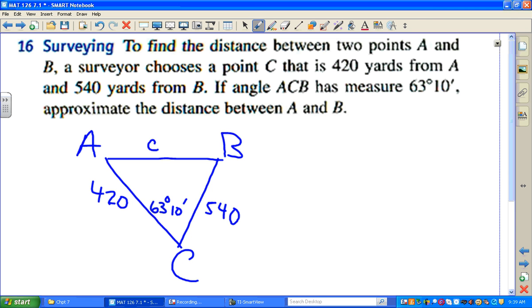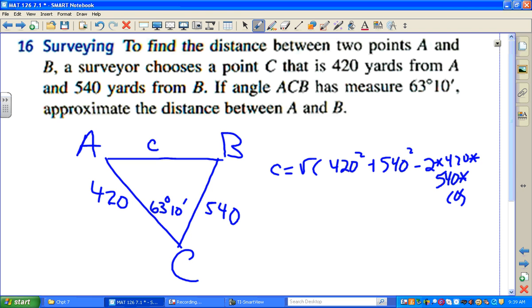That only leaves one choice, which is the law of cosines. Which letter are you looking for? C, so it's very easy to type out. C equals the square root, parentheses, 420 squared plus 540 squared minus 2 times 420 times 540 times the cosine. Oh, that's a lot of typing. I'm going to erase that and start over.